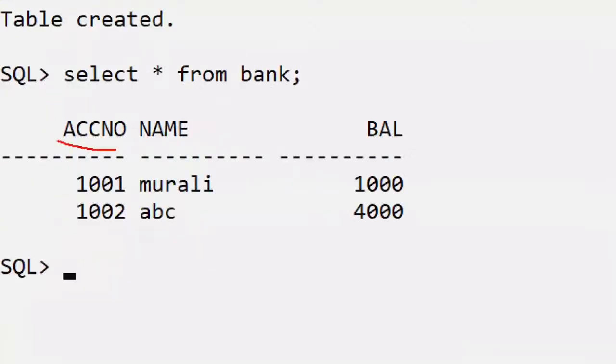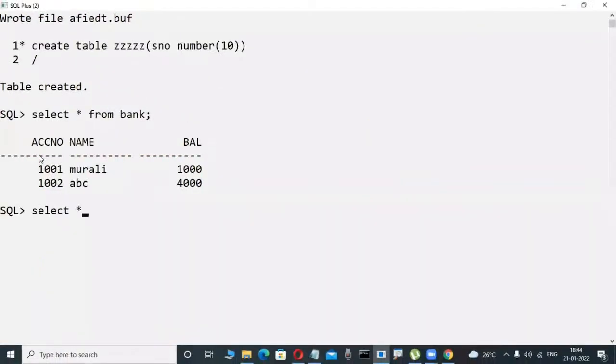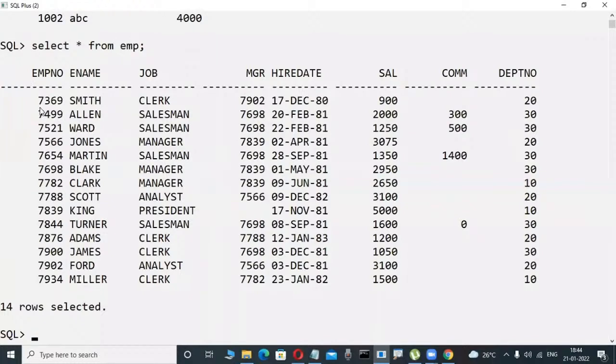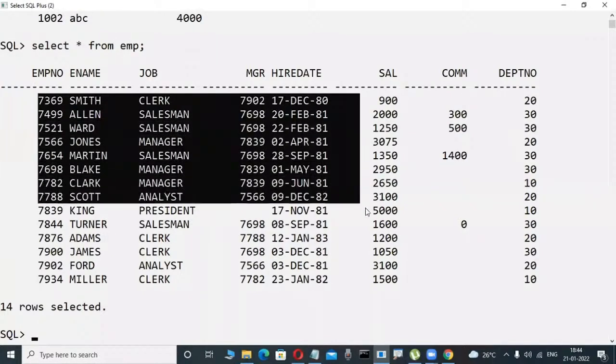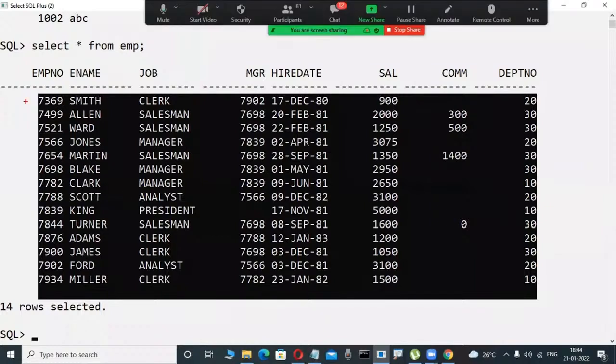Is this a structured collection of data or not? In table format. Yesterday, did anybody observe a big table I typed here like this? It is a structured collection of data. This is the logical side we are talking about.